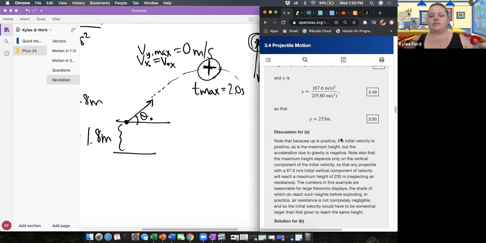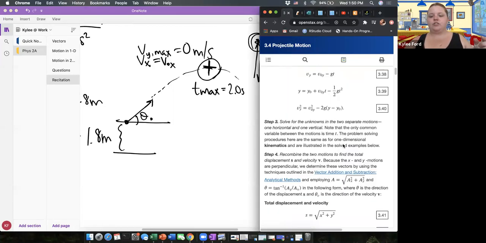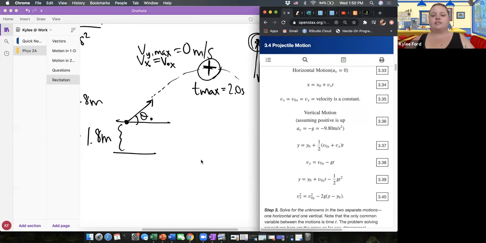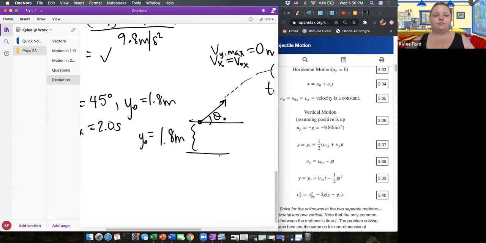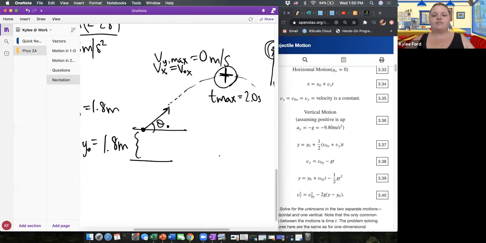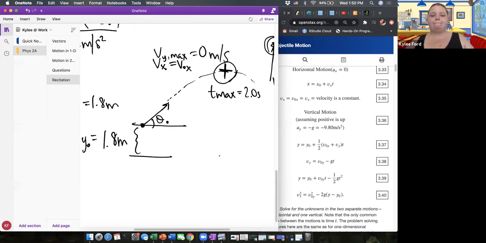All right, so let's go back up to our equations and see what we can do. We have our time at the maximum. We have our velocity at the maximum, but we don't have our velocity in the x direction, just our y direction.